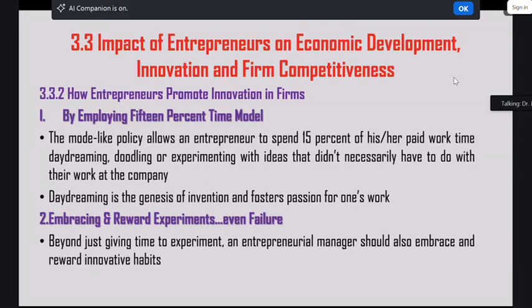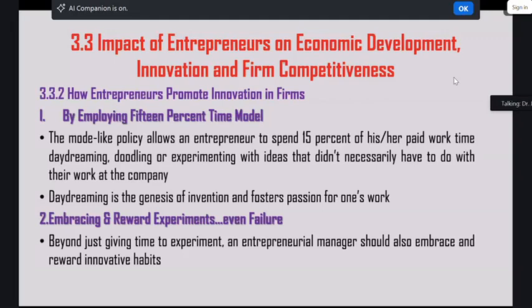15% of 8 hours per day. Almost 2 hours, 20 hours per week?